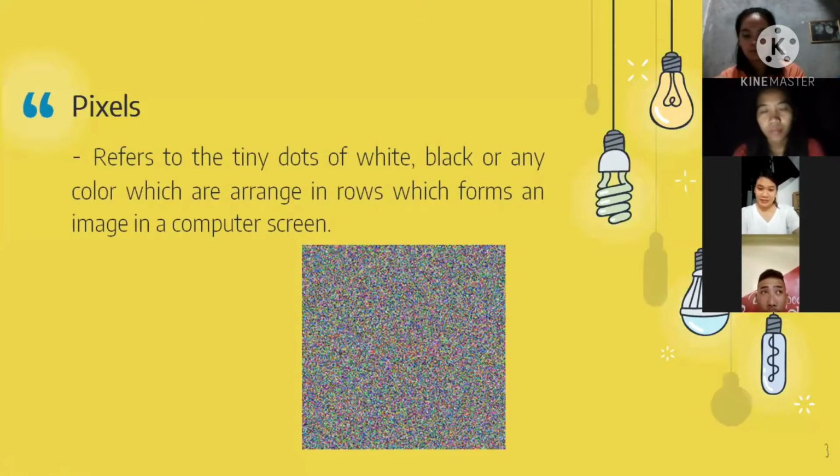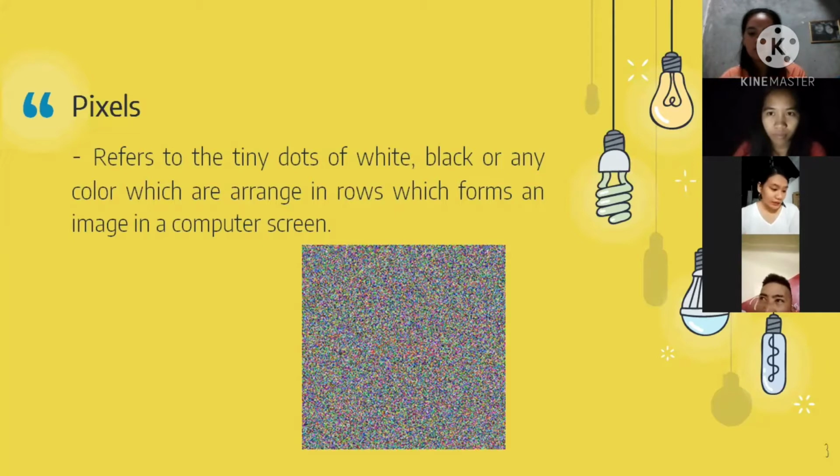First, pixel refers to the tiny dots of white, black, or any color which are arranged in rows, which form an image on a computer screen. So as you can see, it is tiny dots. A picture or an image is composed of tiny dots, very tiny dots.